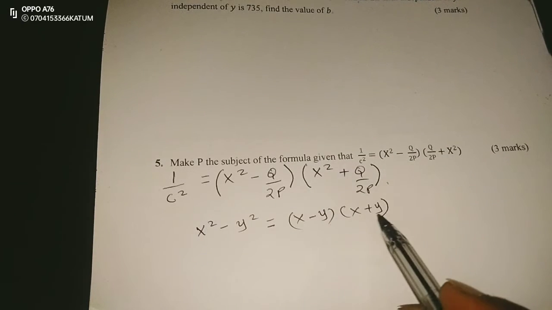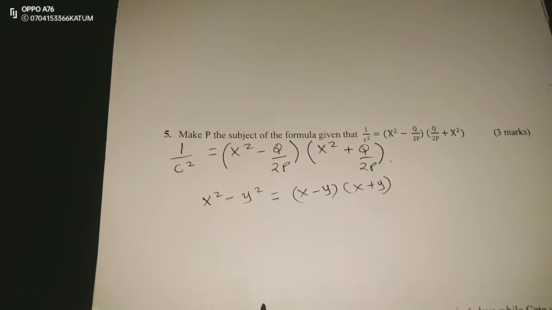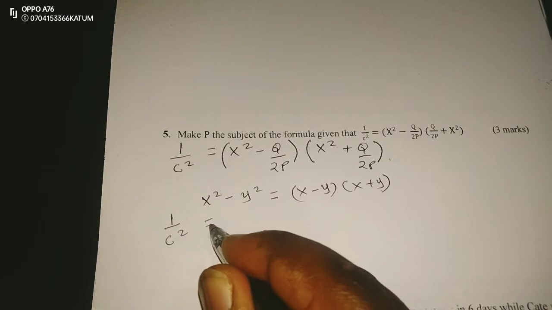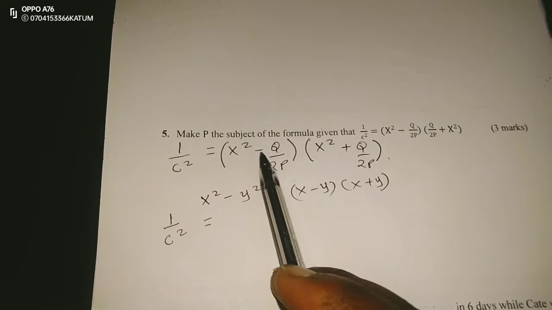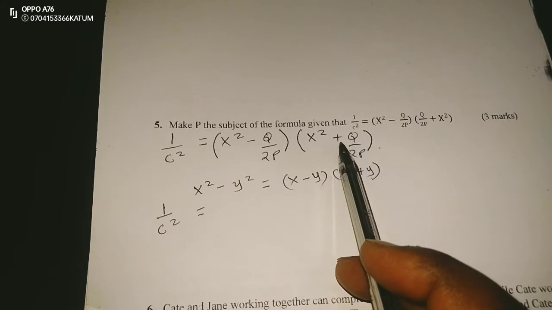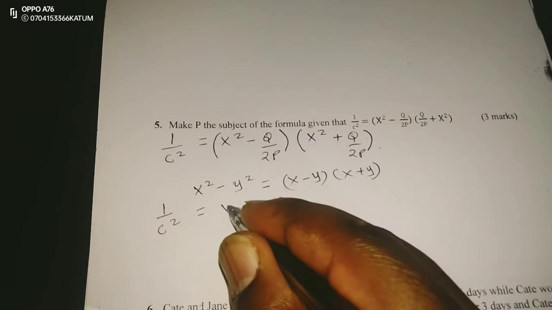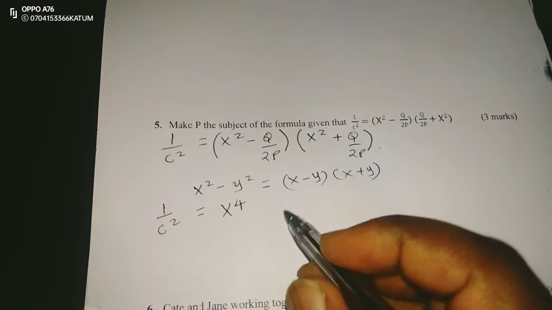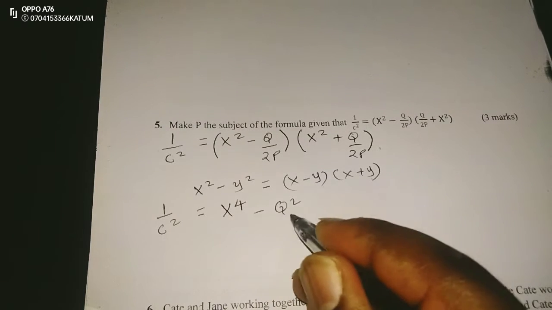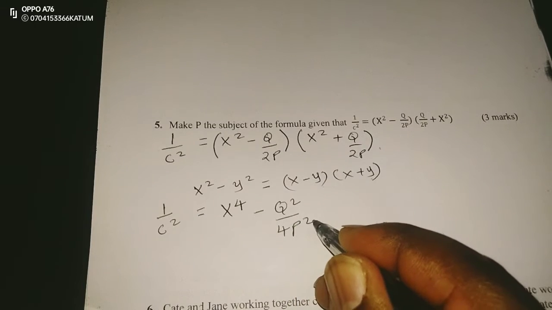Now we are having this format, so we can expand it back, so that we say 1 out of c squared equals to, now instead of using the expanded format of a difference of two squares, this is the factorized, so we expand it and we will have this one squared to become power 4, then minus q squared out of 4p squared.